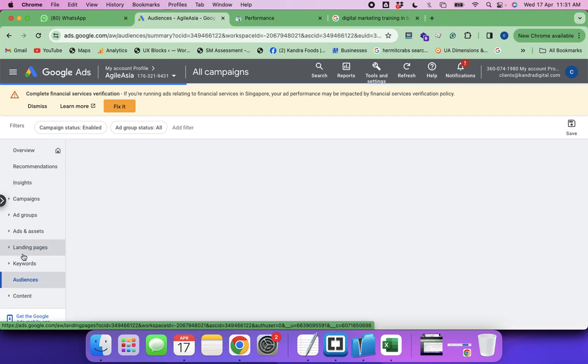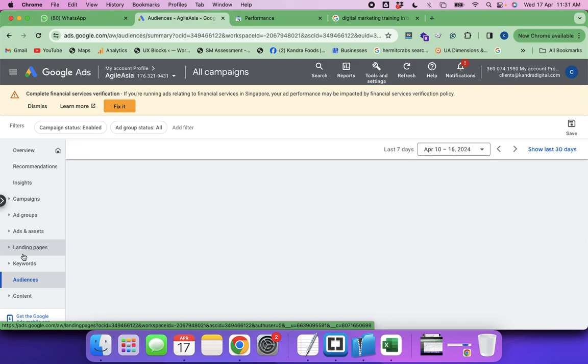Audiences. So this audiences section basically tells you for what kind of age groups, for what kind of genders your ads were shown.